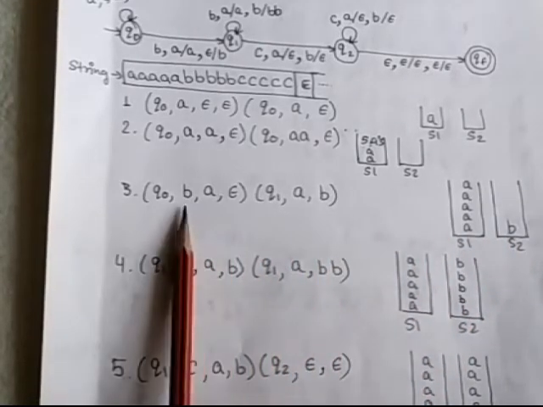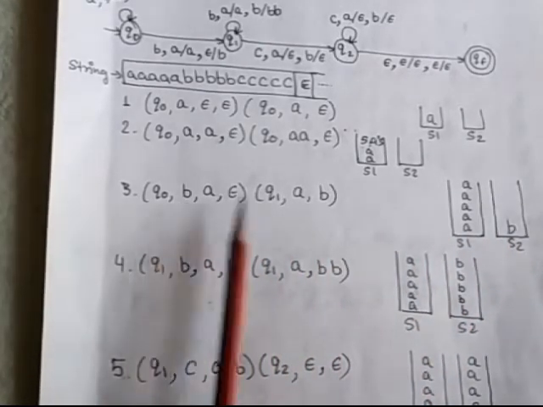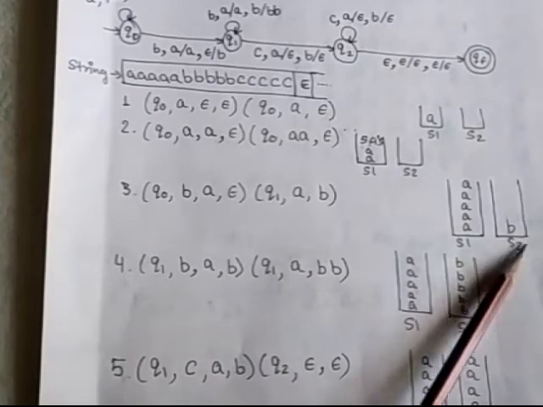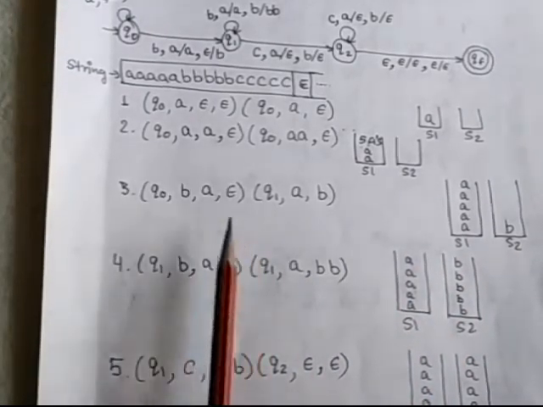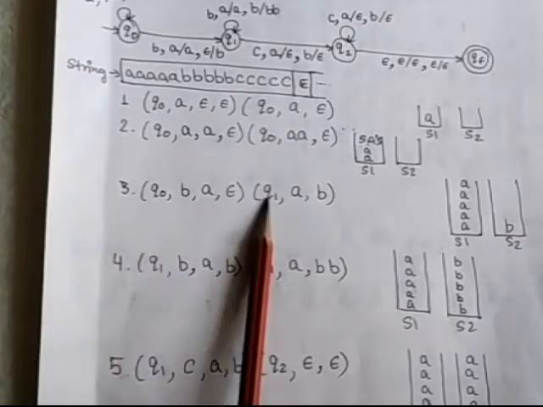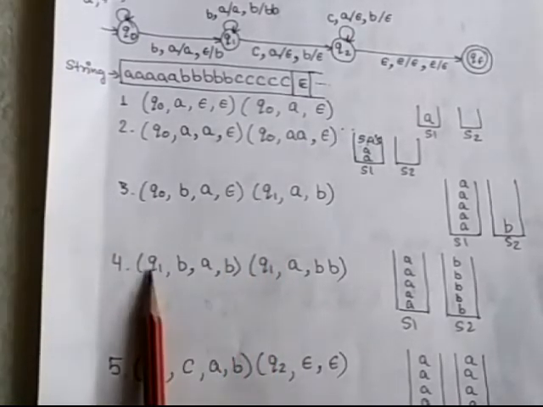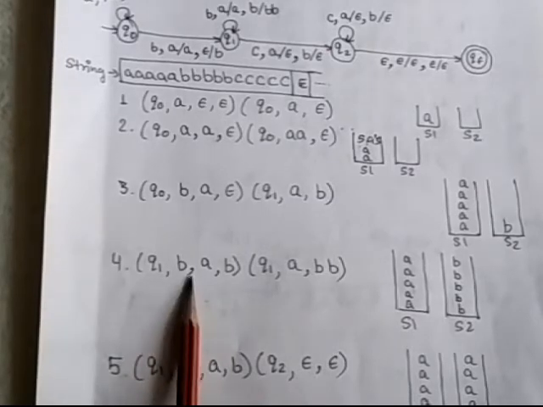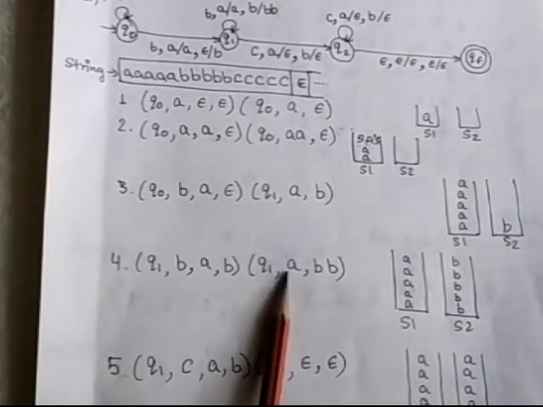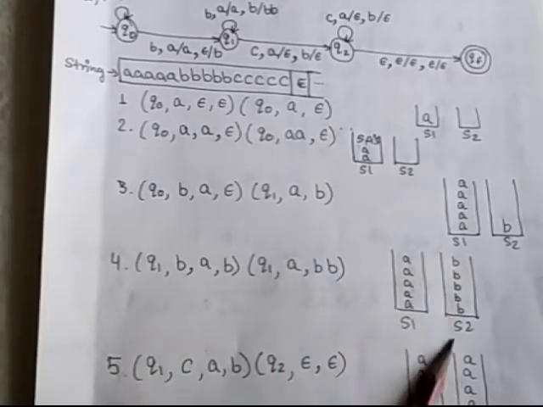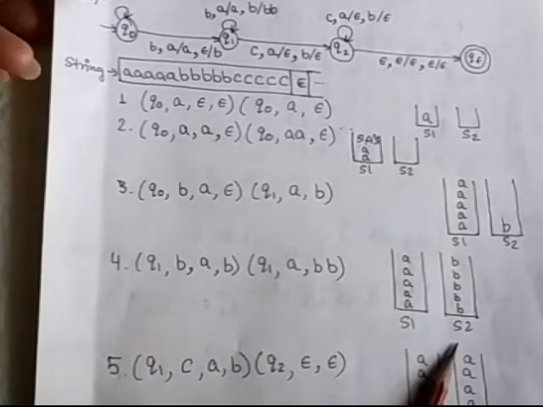So here we have read the first B and pushed it onto stack 2. Now, using step 4, we read the next B. Here, from Q0, we go to Q1. At Q1, we read B and push it onto the stack. Using this step, we push all the B's on stack 2.